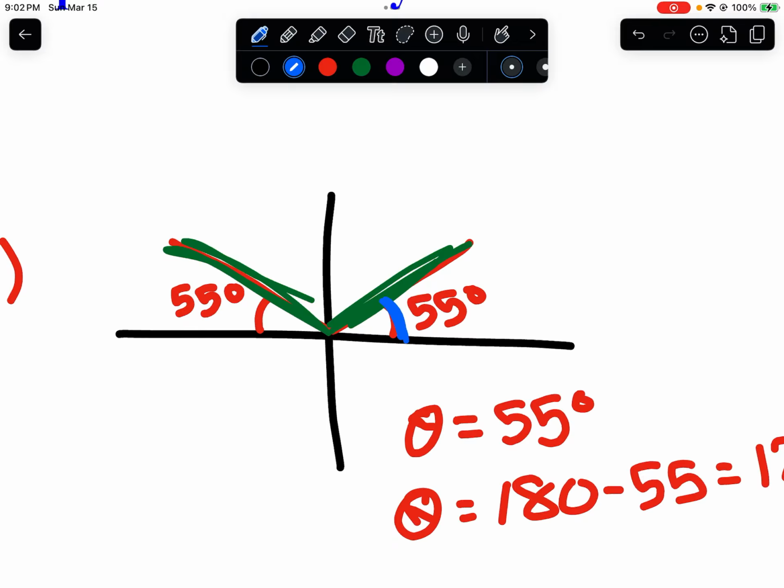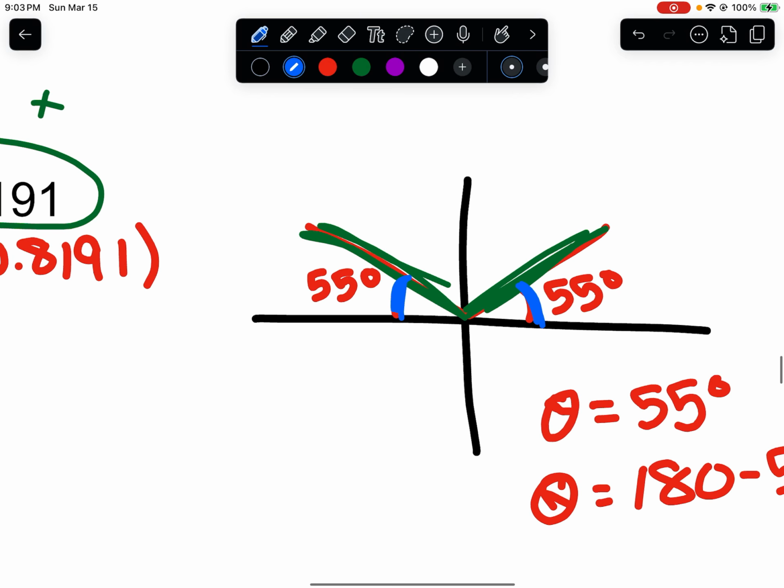Well, that gives us two reference angles here. It gives us this one that our calculator would normally default to giving us, which will be one of our answers for theta. But then we also have this one here that's going to let us find a second one.